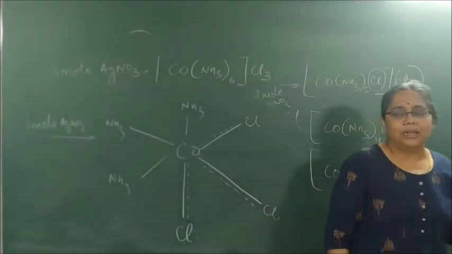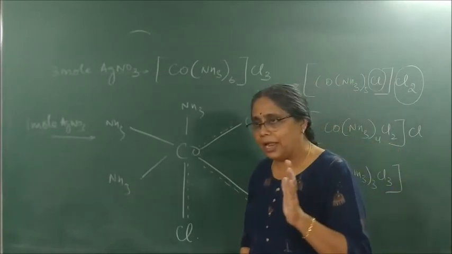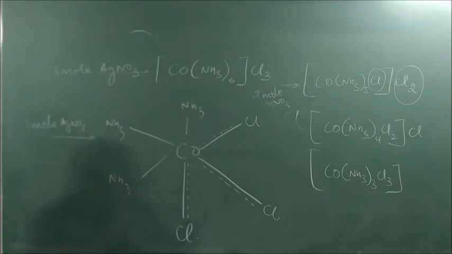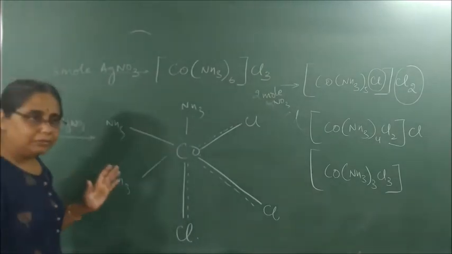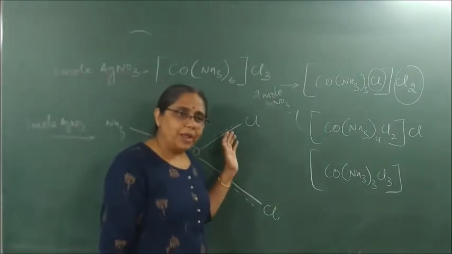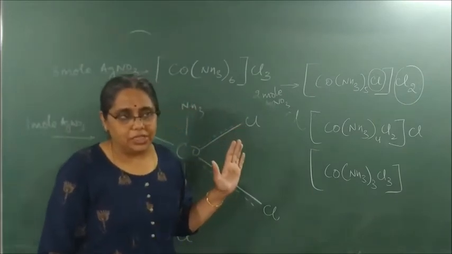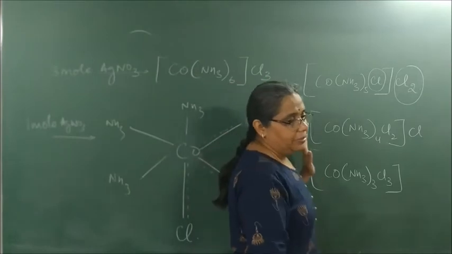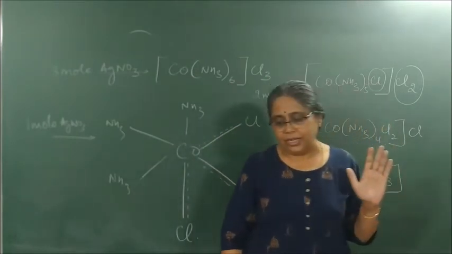The secondary valencies are arranged in a fixed fashion around the metal atom to give the geometry, which is also called a coordination polyhedron. The metal atom tends to satisfy both its primary as well as secondary valency. The negative ions can satisfy both the primary as well as the secondary valency.